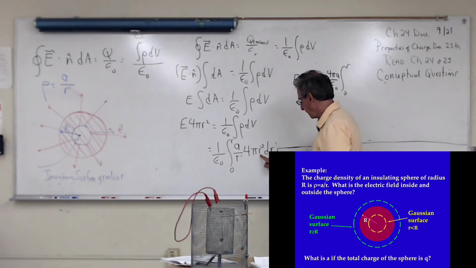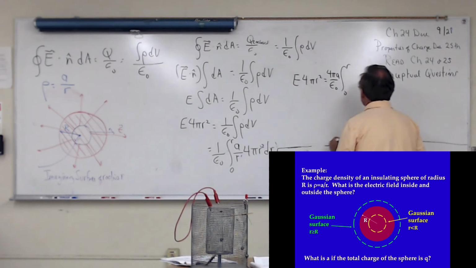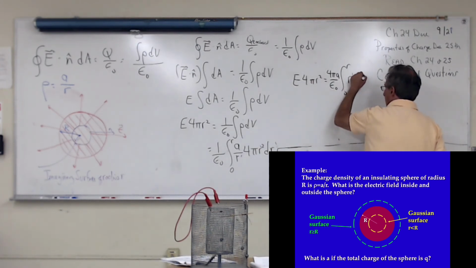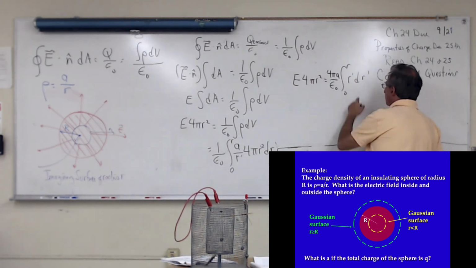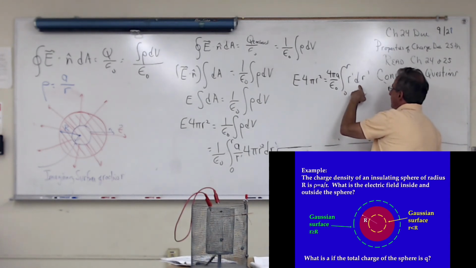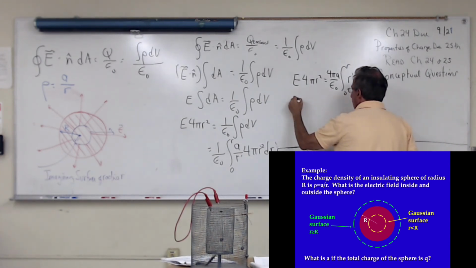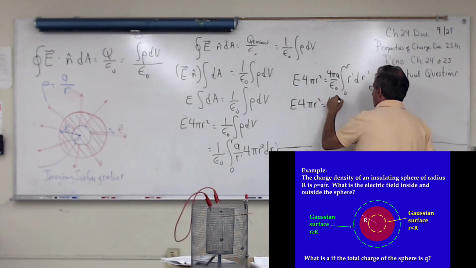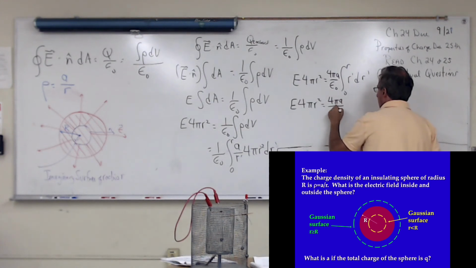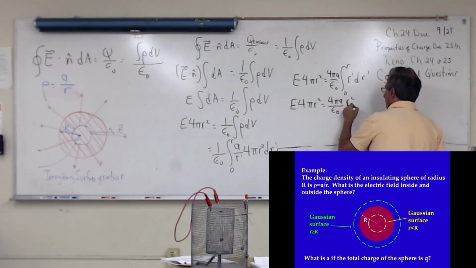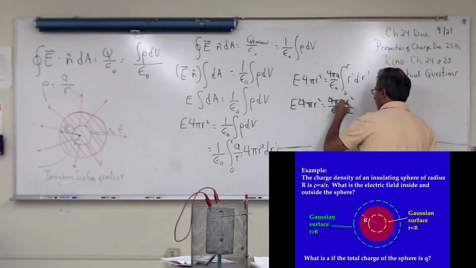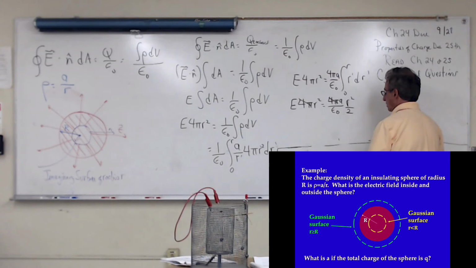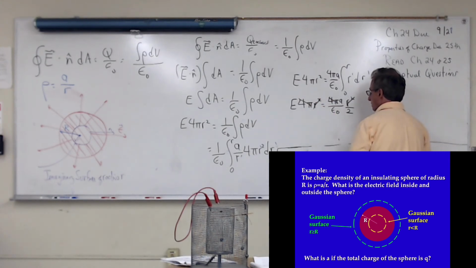Let's see, r squared over r. Oh, that's not a tough integral, right? Because if I integrate this, I just get r squared. This 4 pi and this 4 pi cancel. Wow, this r squared and this r squared cancel.